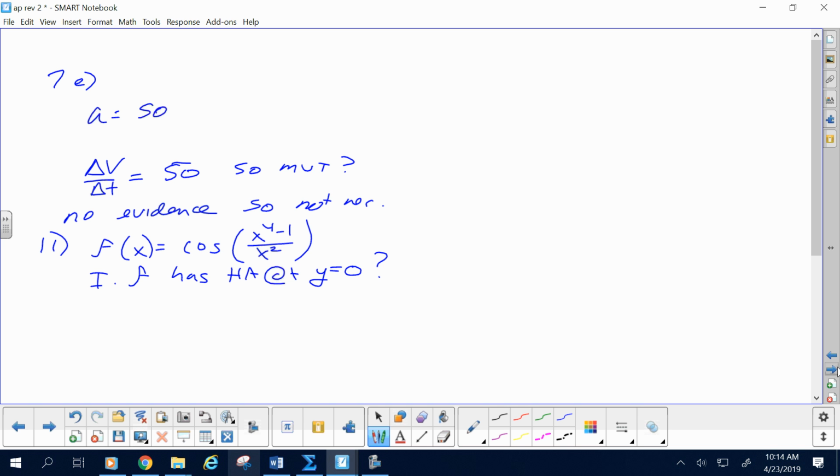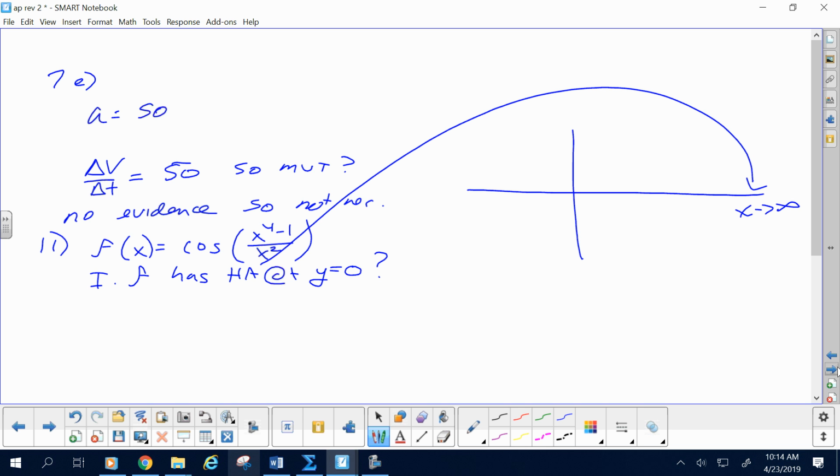When you get into horizontal asymptotes, they happen as x goes to infinity or negative infinity. They don't happen inside. So to answer this question, I said, all right, well, what happens as x goes to positive or negative infinity? Now, wouldn't you agree that because there's more power in the numerator, the inside goes to infinity?